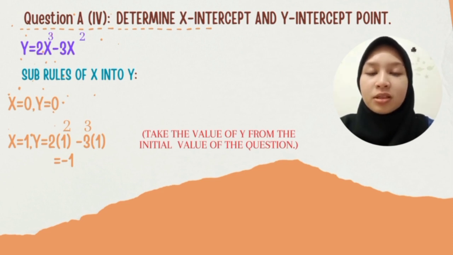For example, just like in my slide, x equals 1, that means y equals 2 multiplied by 1 to the power of 3 minus 3 multiplied by 1 to the power of 2. We will get the answer -1.